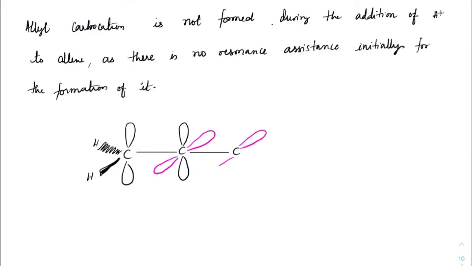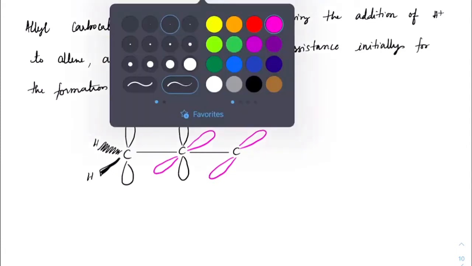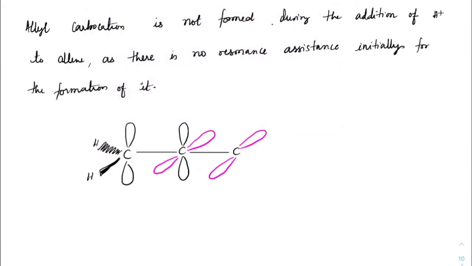It is perpendicular to it, this way. Okay. And rest of the two hydrogens which are there, they are on this carbon, H and H. So we can say that these two orbitals are making a pi bond here, this way.